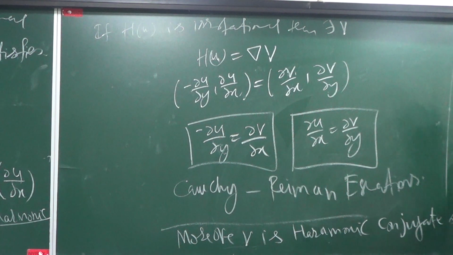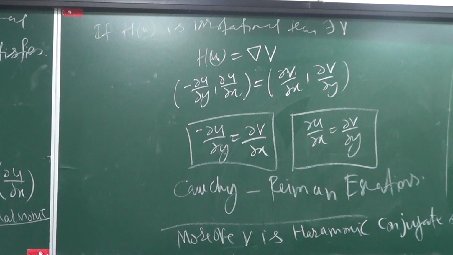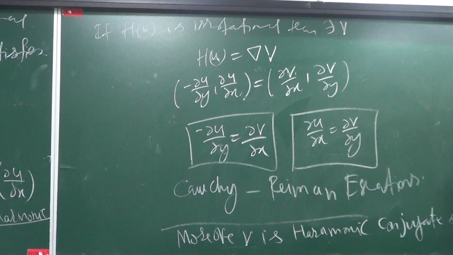One thing: if U is harmonic, my claim is V is also harmonic. Can you help me out in deducing that V must also be harmonic? I want to show V is harmonic.